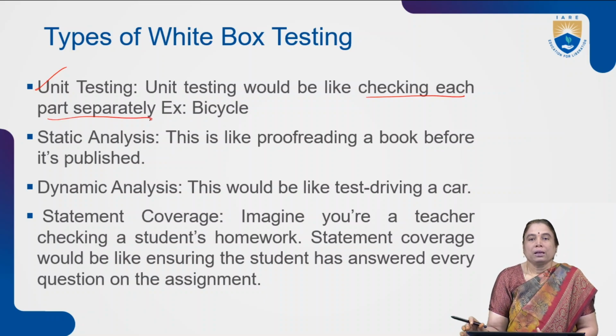For example, in a bicycle, the brakes, chain and seat are all individually developed and verified, and once they test okay, they are integrated. In a similar way, independent components of an application are tested in unit testing.